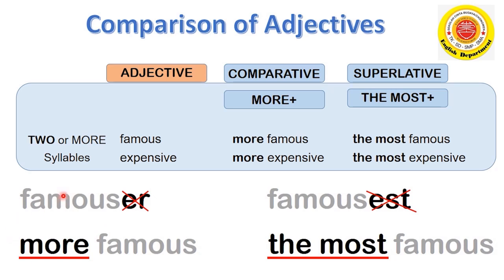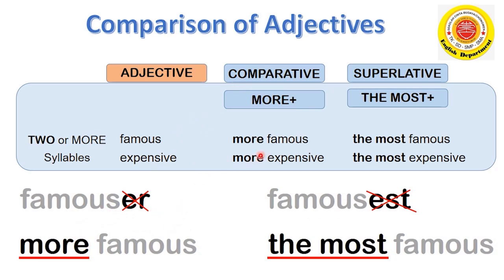When the adjective has two or more syllables, we do not add ER or EST to the end of it. Ketika adjective terdiri dari dua atau lebih suku kata, famous, ada dua suku kata, expensive, tiga suku kata, kita tidak memakai ER lagi untuk comparative, tetapi kita menggunakan more famous.